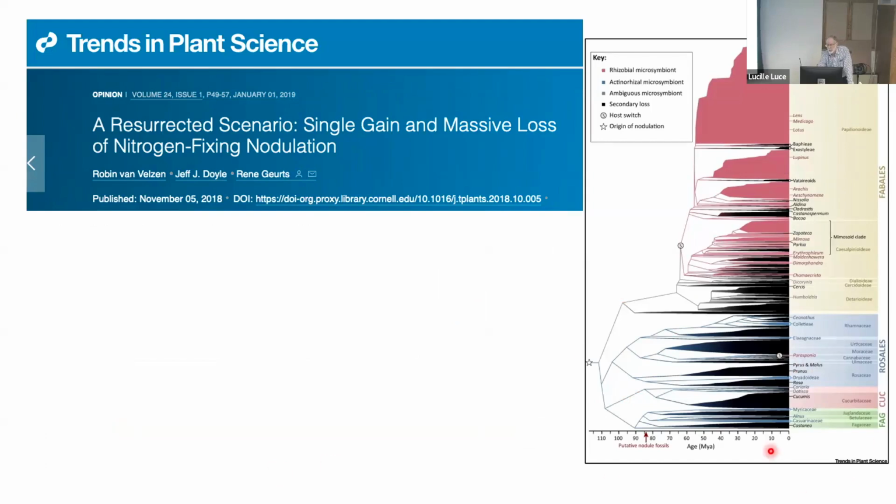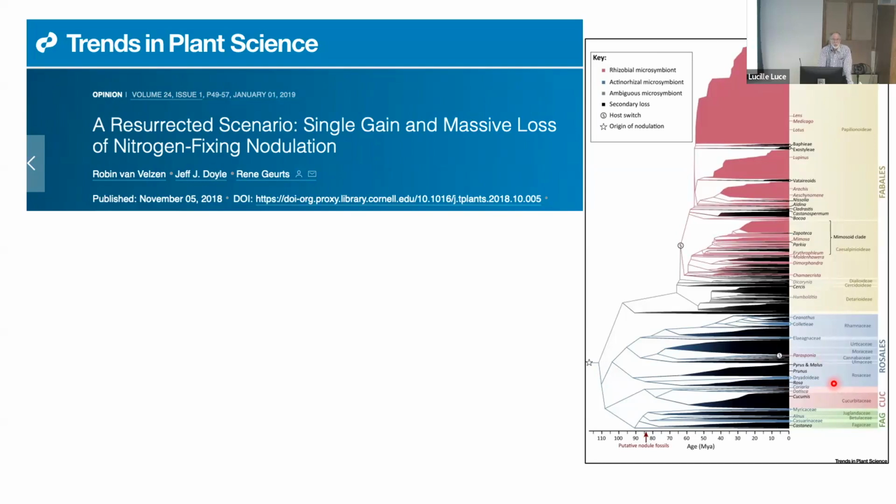Here's again the pattern that we're seeing. All these black clades are places where nodulation does not occur. And again, we're saying a single origin of nodulation followed by massive parallel losses. So the weakest link in any argument about having a single origin was always that it took so many independent losses to account for this that it was never going to be a parsimonious argument.